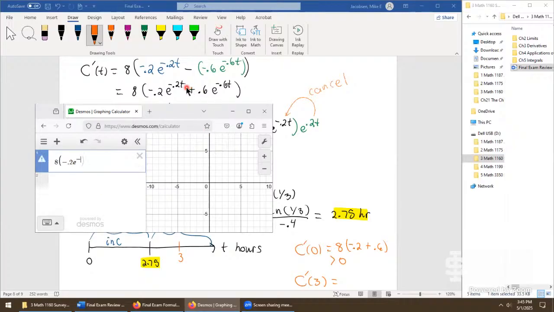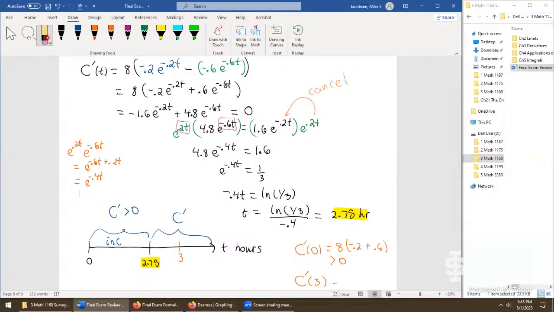Plugging 3 there is a negative 0.6, plus 0.6 e to the power. 3 there is a negative 1.8. And hey, we get negative. That's what we're wanting to show. So C prime at 3, we used a calculator, and we did find a negative value. I'll just write down less than 0. That means the derivative is less than 0 here, we're decreasing.